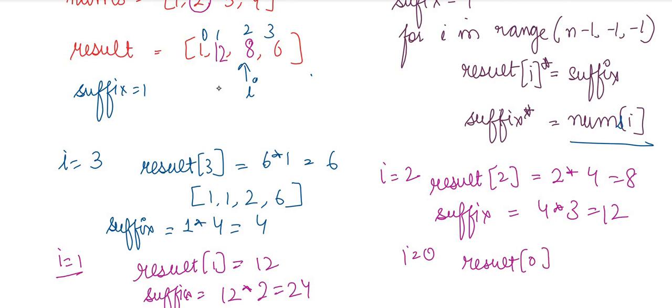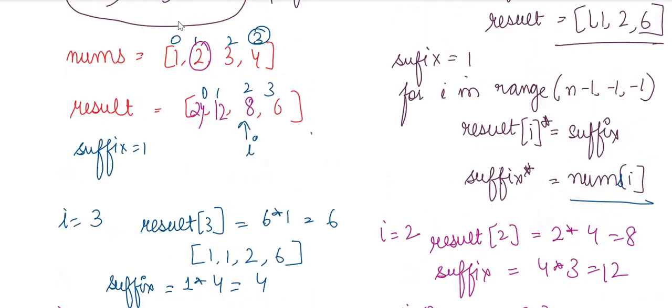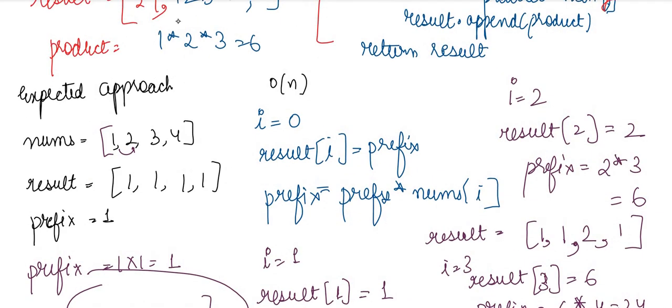Result of 0 will be multiplied by suffix value, which is 24, and the new suffix will be 24 multiplied by nums of I value which is 1. So suffix value is 24. Here I will put 24. Got it? So one result array you will maintain. First of all you find the prefix product on that, and on the same result you find the suffix product. That way we get the result.